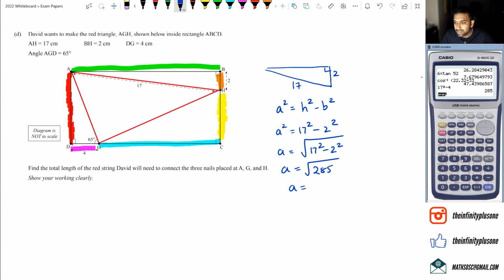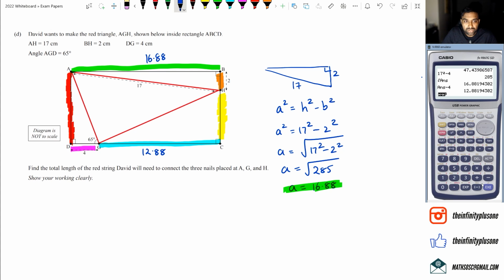So a is going to be the square root of that, which happens to be 16.88. So the 16.88 is the green length. All right, so we're going to put that in there, which is going to be 16.88. We're going to take away 4, which is the pink part of it, which is going to give us 12.88. So the blue part is worth 12.88.